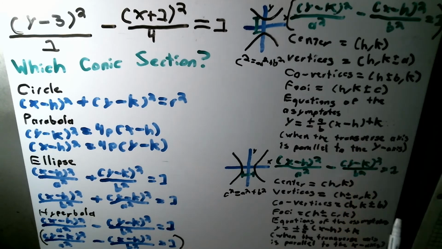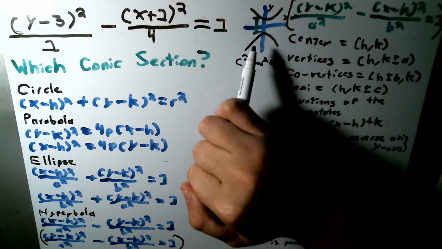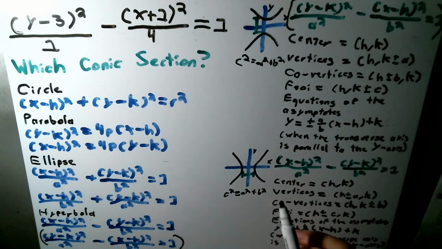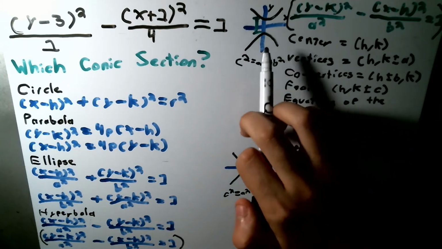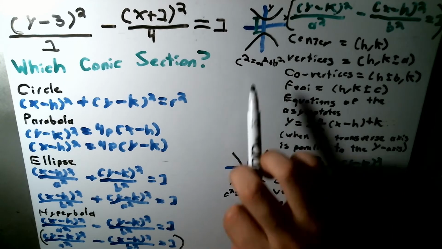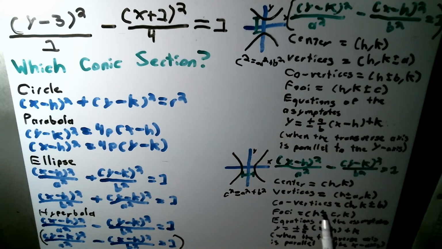In this equation, the transverse axis is parallel to the y-axis, so our graphed hyperbola must look like this, except that this one is at the origin. This will be in the other variation, and actually let's start erasing that.